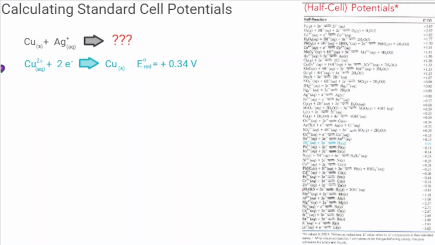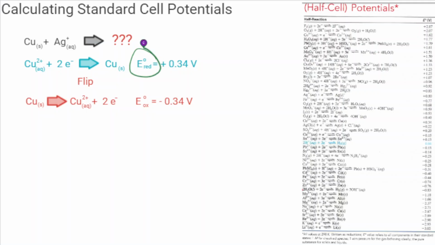So we can trade the products and the reactants. When we do that, we get copper solid yielding copper 2 plus plus 2 electrons. The other thing that changed is we went from a standard reduction potential to a standard oxidation potential, and the only real difference there is we need to change the sign. So we went from a positive 0.34 volts to a negative 0.34 volts.